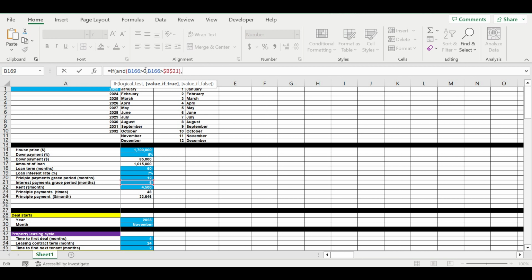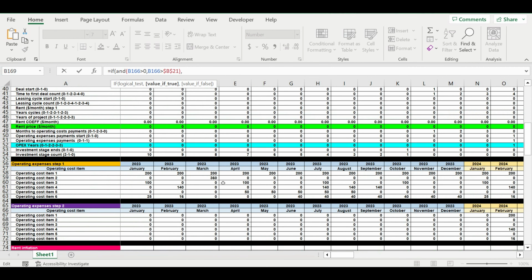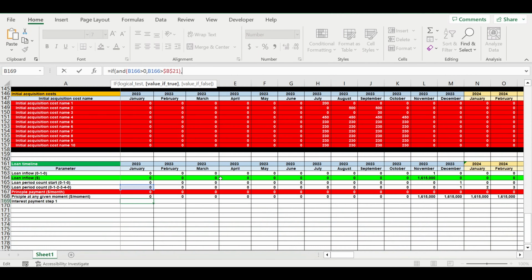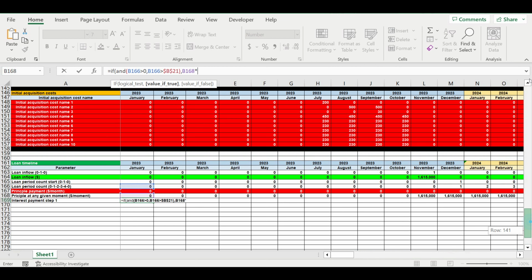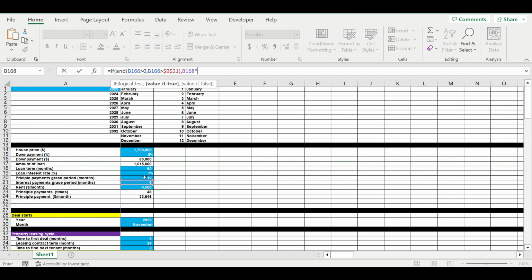Then if the condition is right, we will take the amount of principal at any given moment, multiply this by the interest rate. The interest rate is 7%, I'm freezing it, and then I'm dividing this by 12.